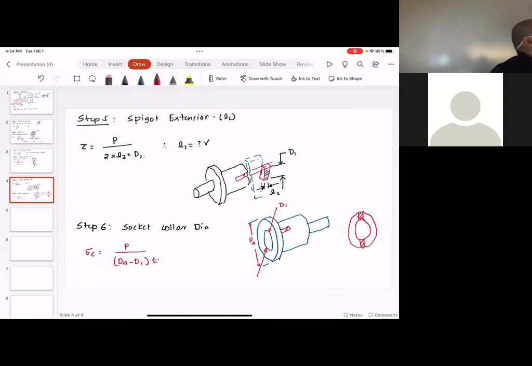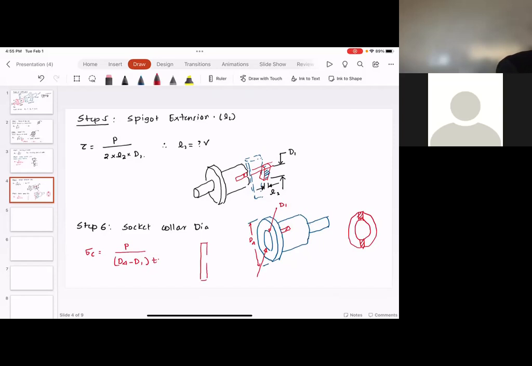Does the hole for the keys usually go all the way up to the socket collar? Okay, so let me show you the side view. And please ask any questions that you may have.